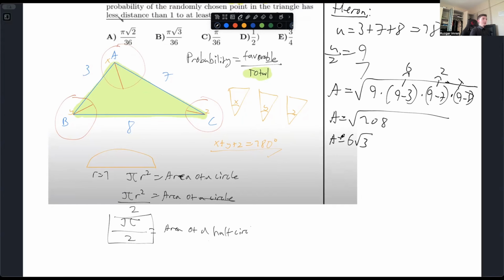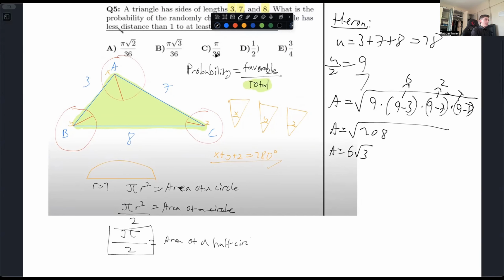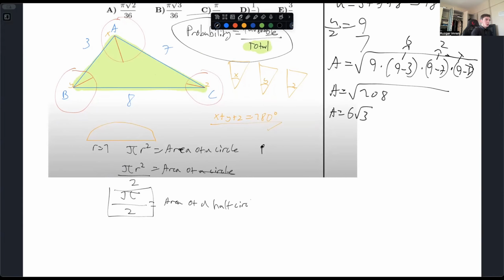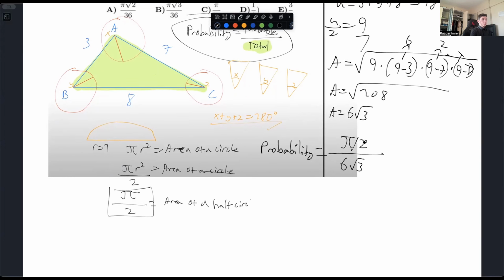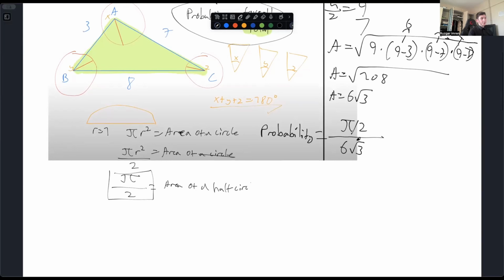After this point, we can just plug the values inside of the probability formula. So the probability is pi over 2 for the favorable, and then 6 root 3 for the desired.